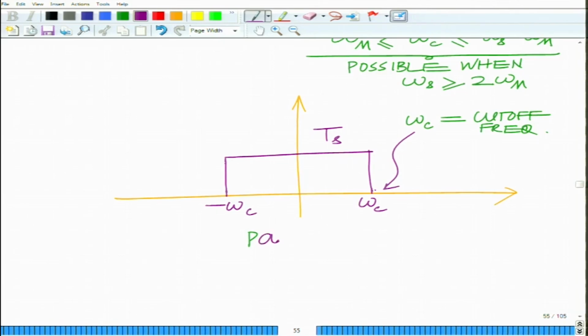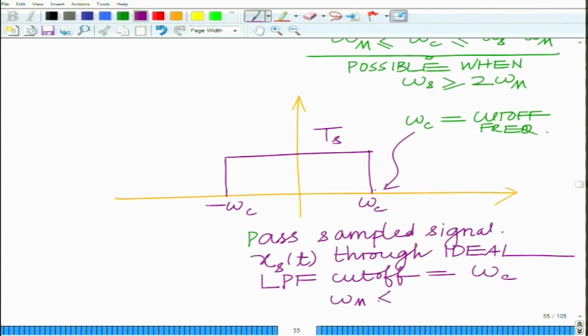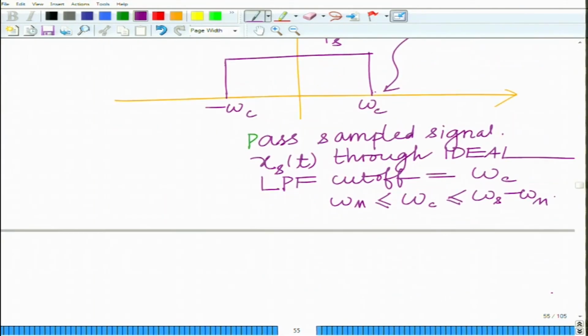So, pass your sampled signal through an ideal LPF with cutoff equals omega c, where omega m is less than or equal to omega c, which is less than or equal to omega s minus omega m, for reconstruction.